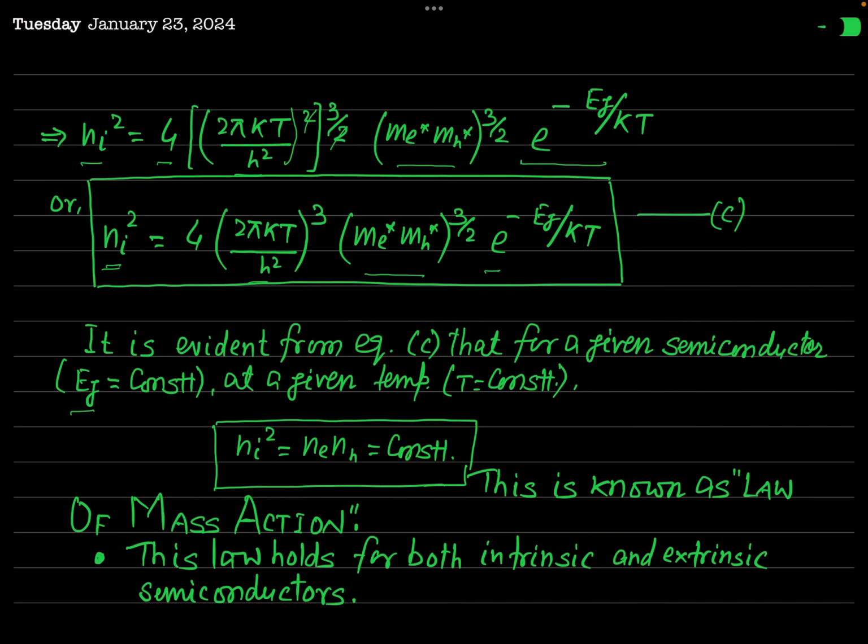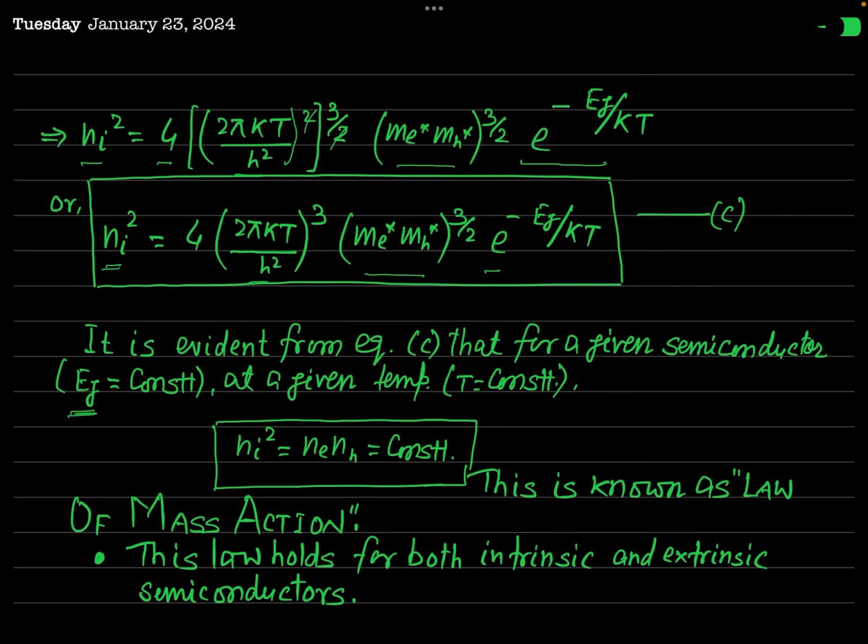As you have learned earlier, at room temperature for Si, this Eg is equal to 1.1 electron volt, and at the same room temperature, the value of Eg for germanium is equal to 0.73 electron volt. So for different semiconductors it will be different, but for a given semiconductor it will be constant.